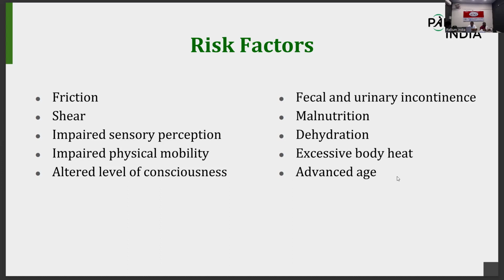If a patient has an altered level of consciousness, sometimes fecal and urinary incontinence may occur. At that time the patient will be lying in this moisture for a long time. That will cause cell damage, and malnutrition due to protein reduction in the body will cause pressure ulcers.